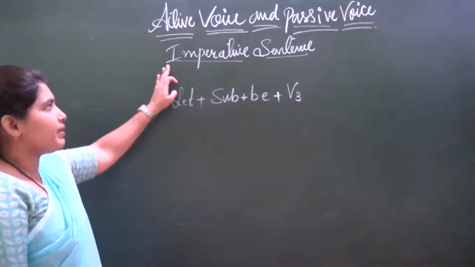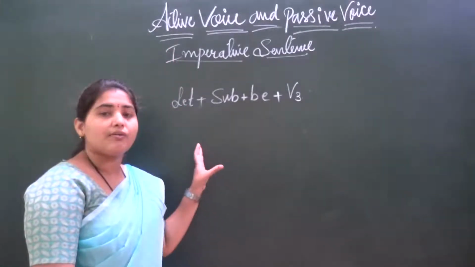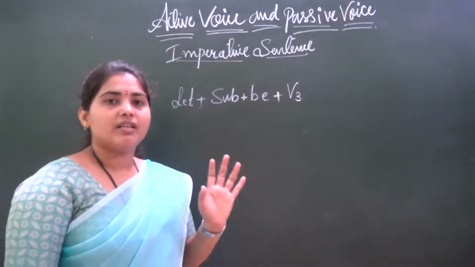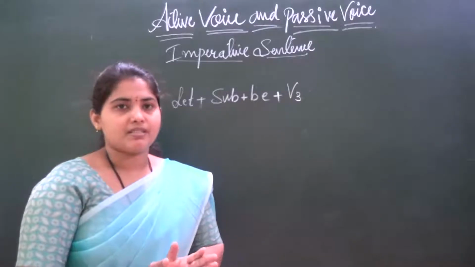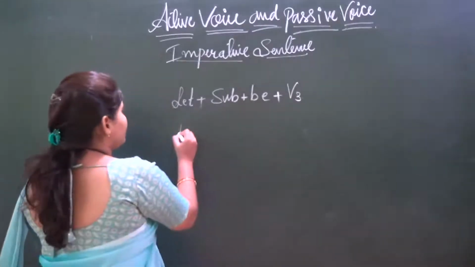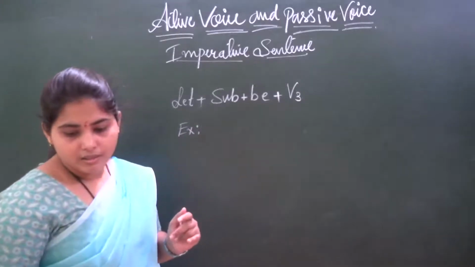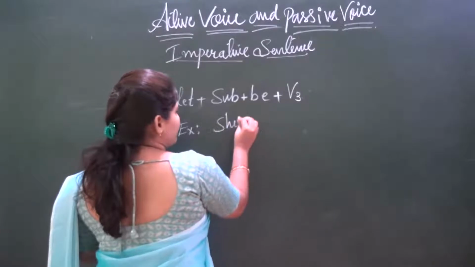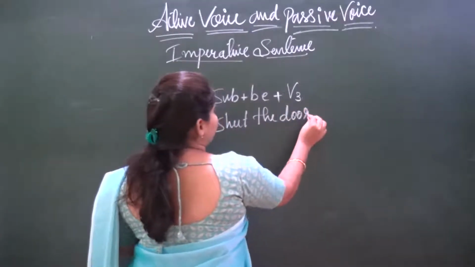What do you mean by imperative sentence? An imperative sentence shows a command or order. So in this command, the subject will be completely absent. For example, shut the door.